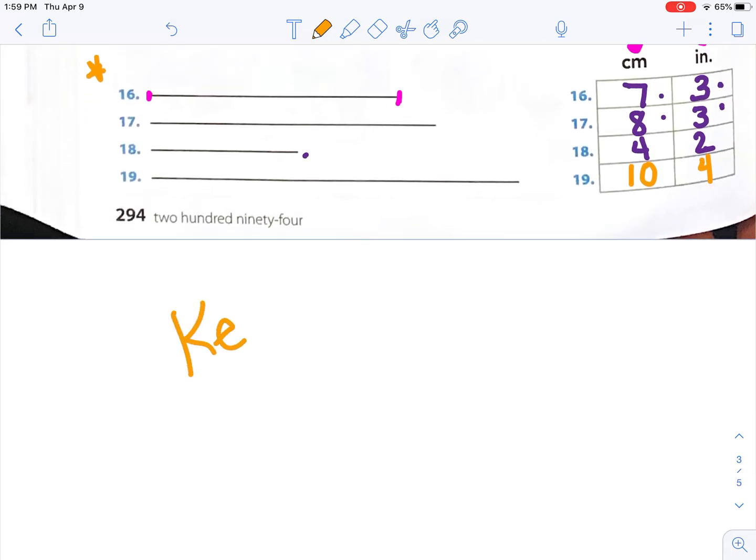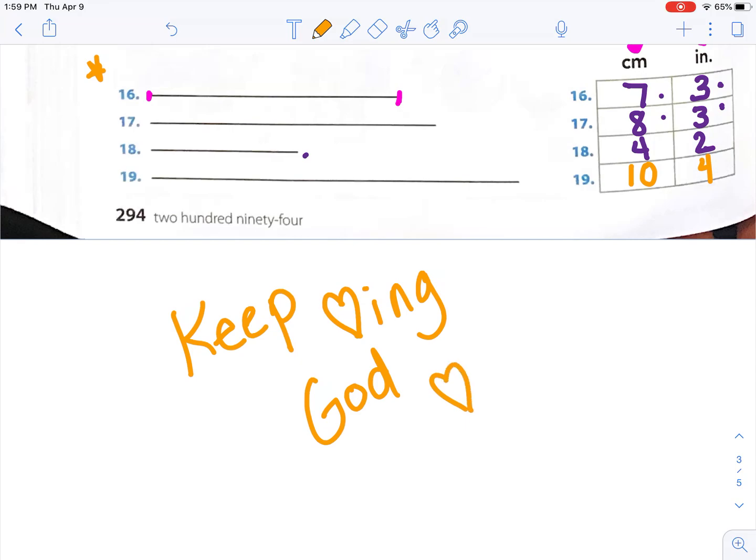And I love you. Keep loving God. Loving God. And loving your neighbor. Loving your neighbor.